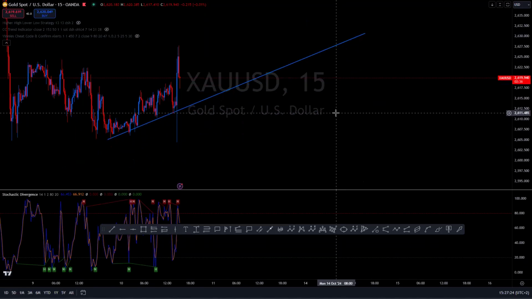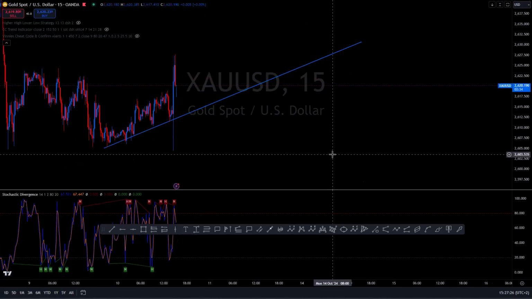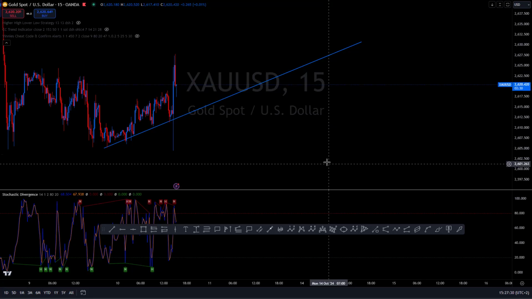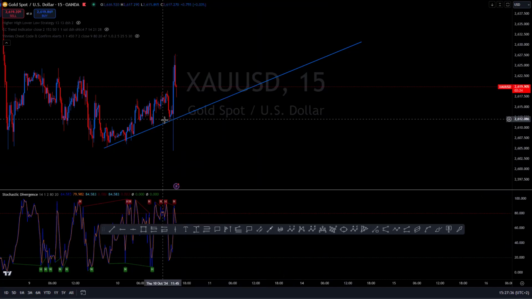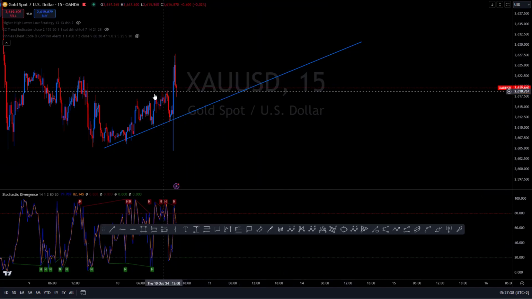Now we're going to draw trading ranges. We're going to look at the most recent swing low, the most recent swing high, and the most recent breaker structure. We see that here, and we see that here.